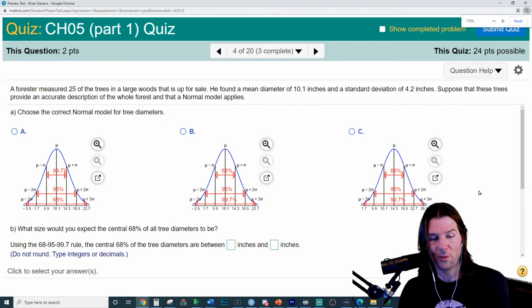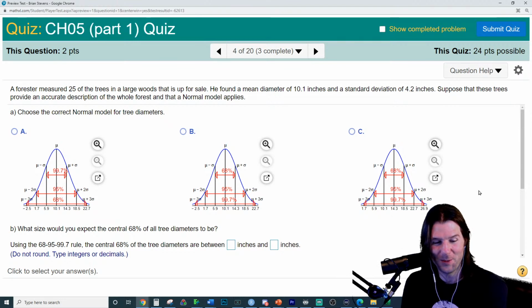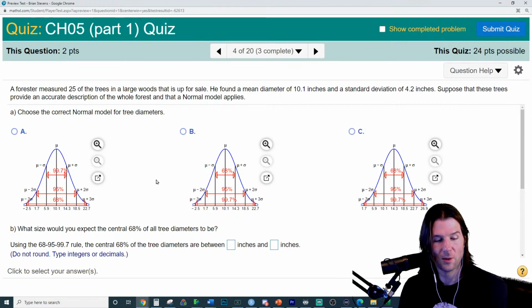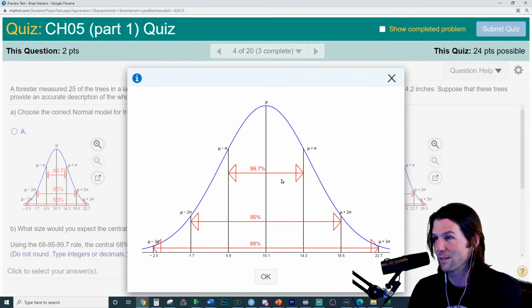A forester measured 25 trees. He found a mean diameter of 10.1 and a standard deviation of 4.2. If you look at the data below, we have the 68, 95, 99.7 rule. This one is incorrect instantaneously. It doesn't even make sense that this is 99.7% of the data.